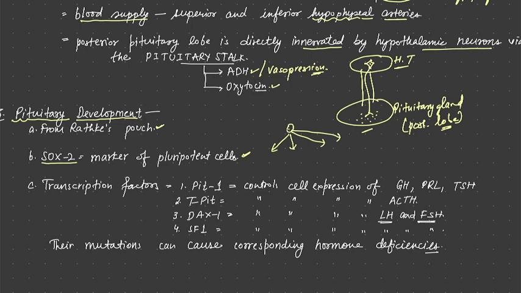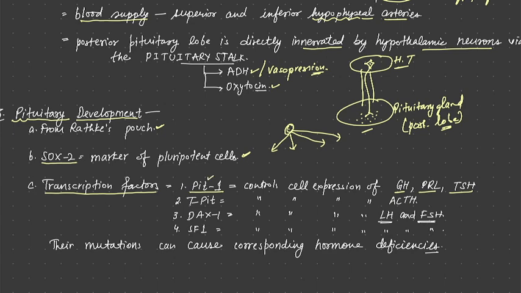Now there are different transcription factors which help in differentiation of these pluripotent cells into specific kinds of cells. For example, PIT1 is a transcription factor which will convert the pluripotent cell into a growth hormone, prolactin, and TSH secreting cell. Like growth hormone is produced by lactotropes. So for conversion of pluripotent cells to lactotropes, we require PIT1.